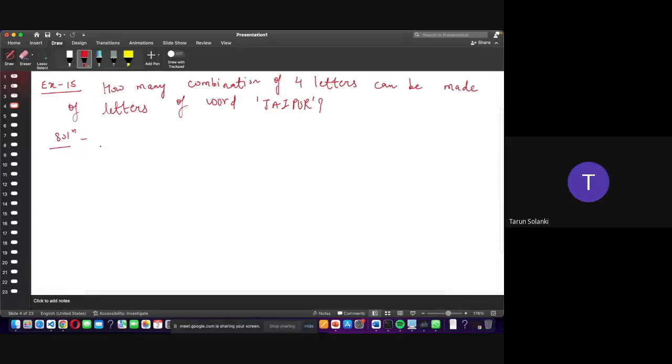That means here 4 things are to be selected out of 6 different things. So the number of combinations is 6C4, that is 6 into 5 into 4 into 3 over 4 into 3 into 2 into 1, that is 15.